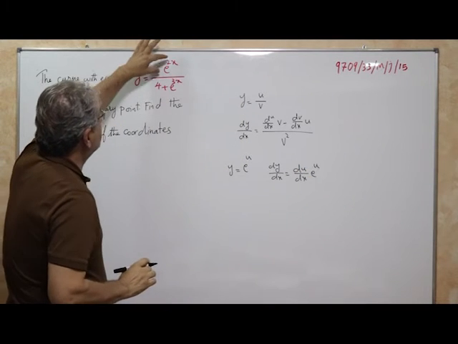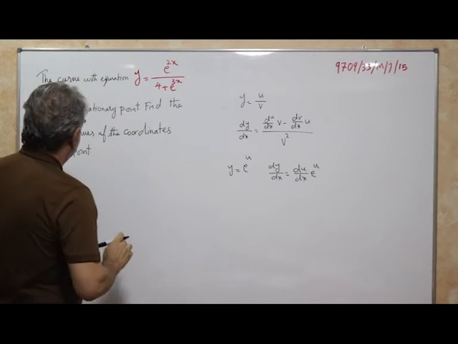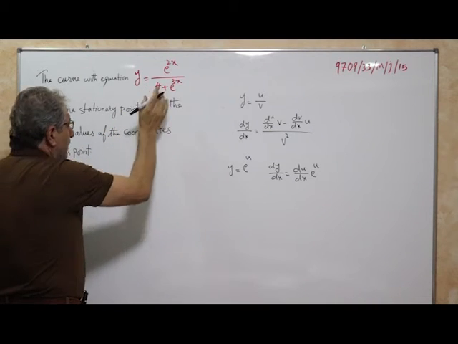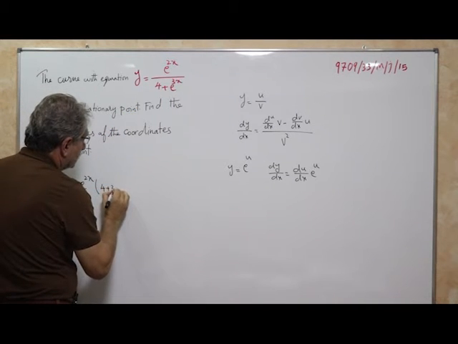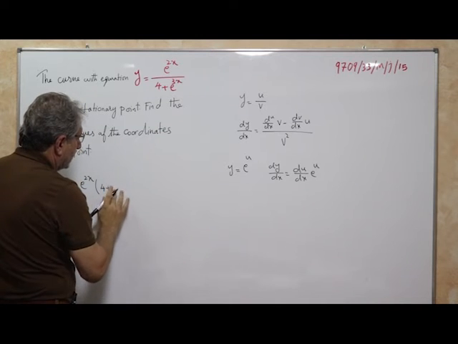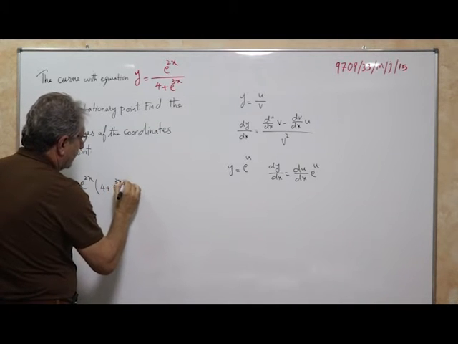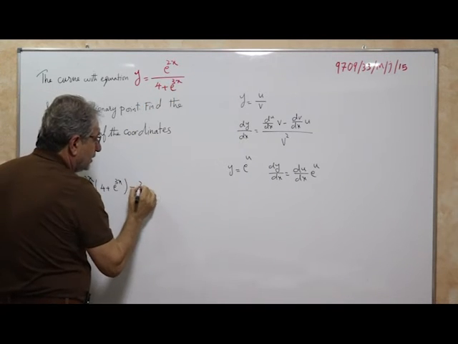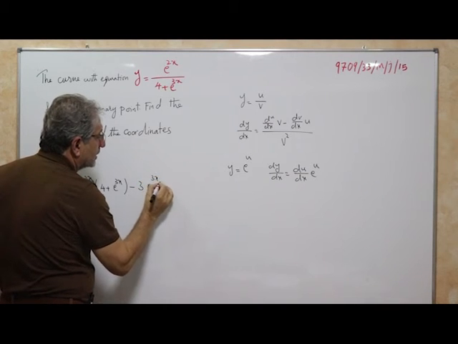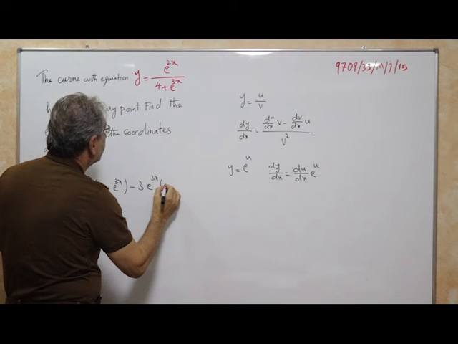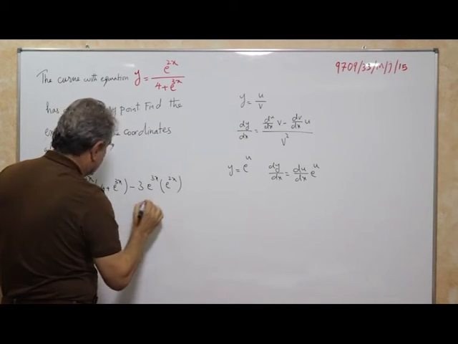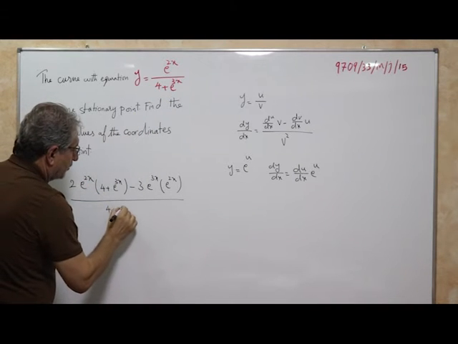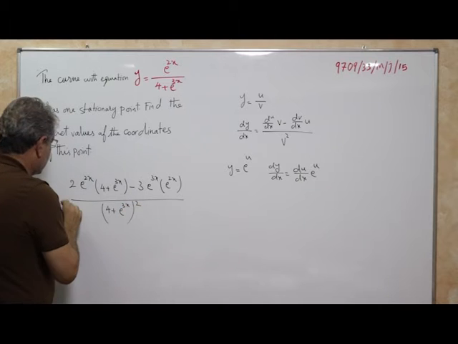So I differentiate 2x first, therefore this is 2 e to the power of 2x, multiplied by 4 plus e to the power of 3x, minus, the derivative of 4 is 0 and the derivative of e to the power of 3x is 3 e to the power of 3x, times the numerator e to the power of 2x, divided by the denominator squared, 4 plus e to the power of 3x, all squared. This is dy by dx.